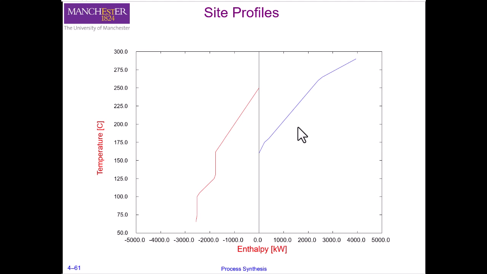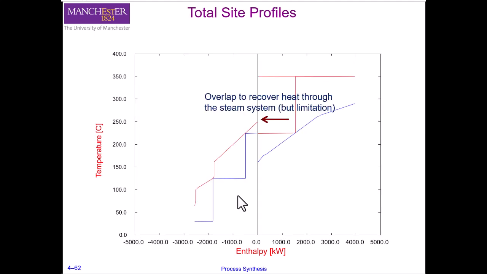We can now use our site profiles to target for steam generation and steam use, and we call these site profiles with steam generation and steam use our total site profiles. And we can see the generation of steam here at our saturated temperature of 225 degrees centigrade.